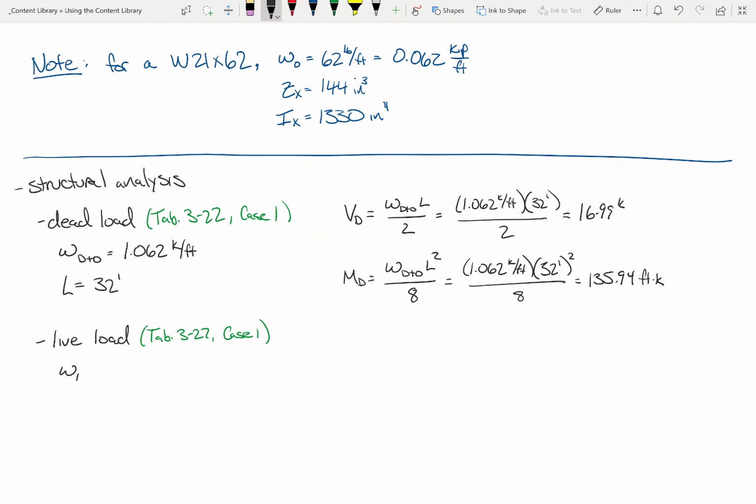So WL squared over 8 again, okay? So the length is also 32 feet. What was the live load? 1.5 kips per foot. So we do the same thing again.